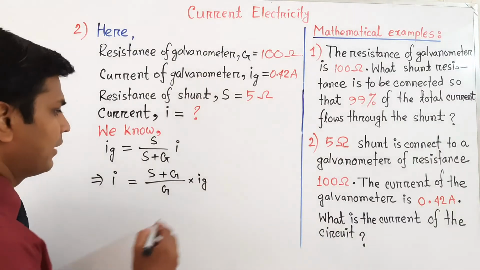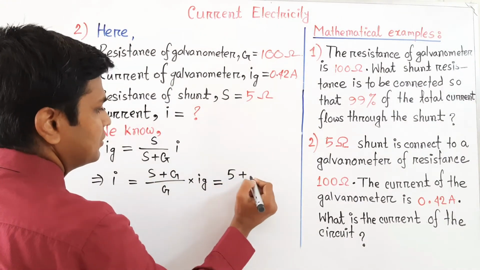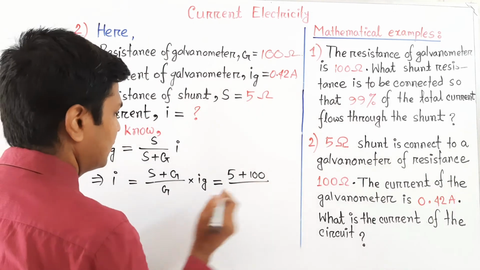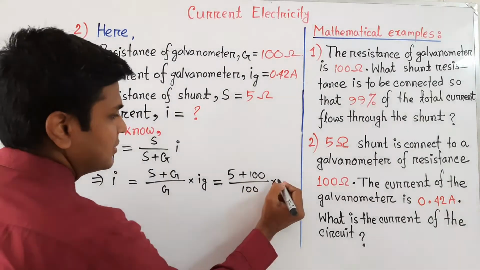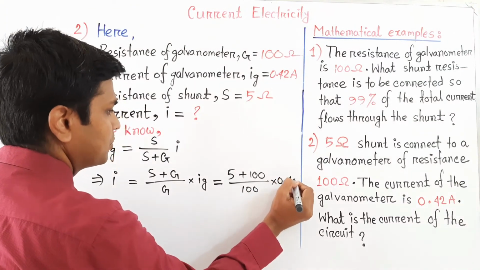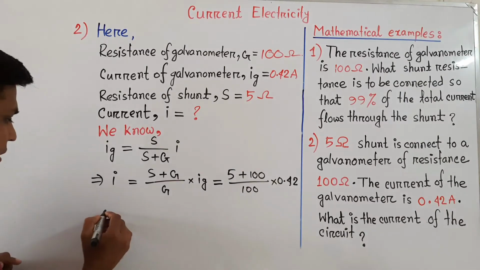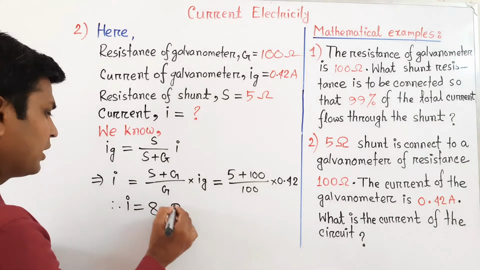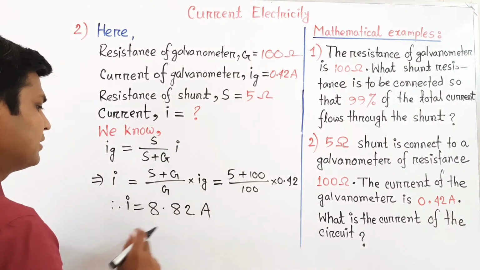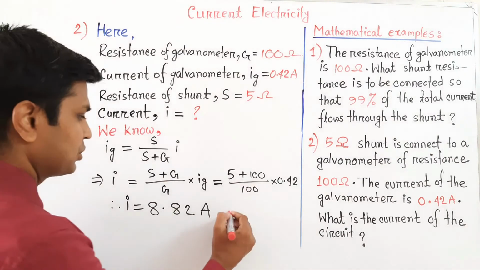Now if we put the values here, S is given as 5, G is 100, and Ig is given as 0.42. So after calculating this expression, we will get I equals 8.82, and its unit is ampere. So this is the answer of question number 2.